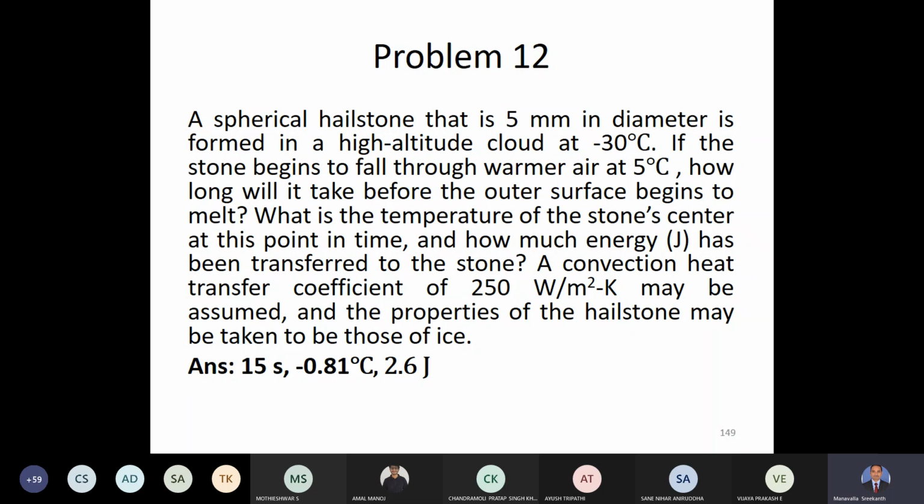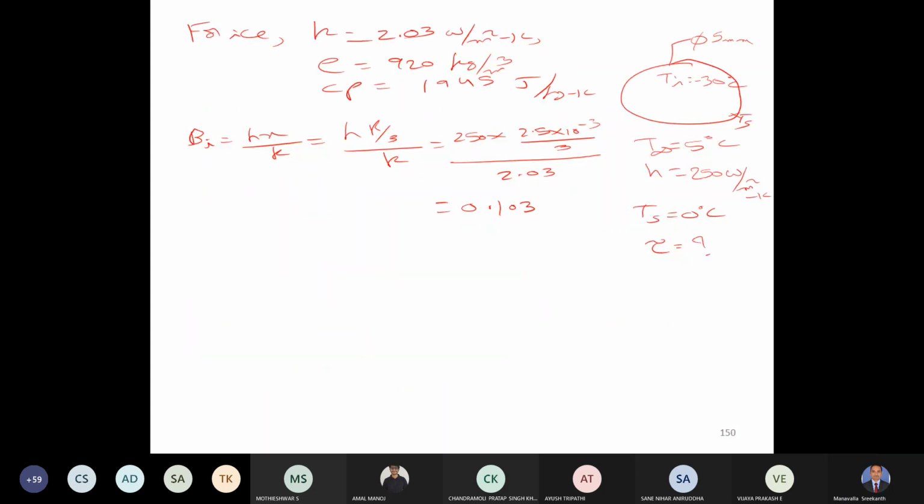We have the first chart, which is the time history at the center. The second chart is the time history at any radius. So what we'll do is find the time at the surface.